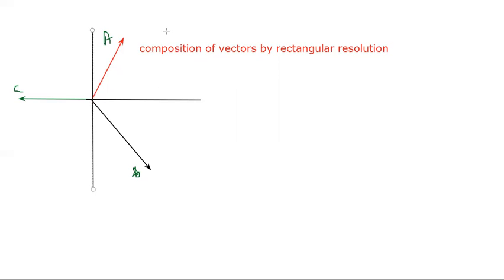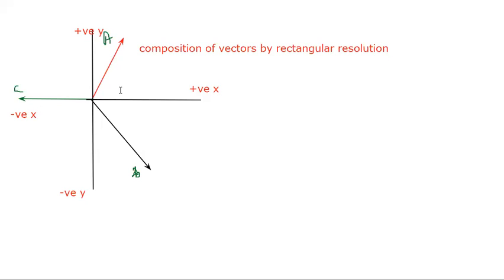This is positive x, this is positive y, this is negative x, and negative y. So we will resolve the three vectors A, B, and C into these directions.